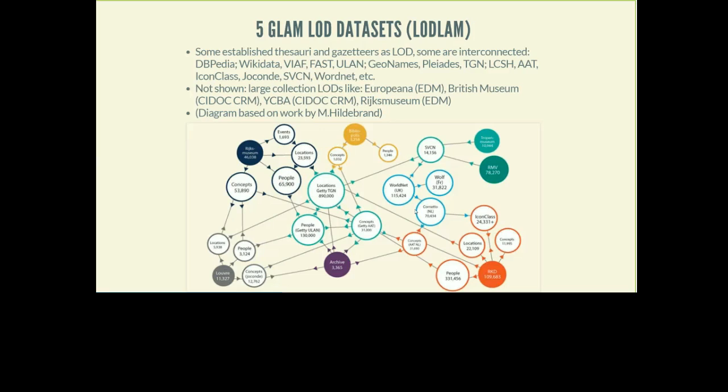What you don't see here is large-scale collections, such as Europeana and the British Museum and so forth. And I think Ontotext is lucky to say that we're somewhere in the middle of this. We have worked with the Getty Thesauri, we have worked with these datasets here. I'll describe that later.